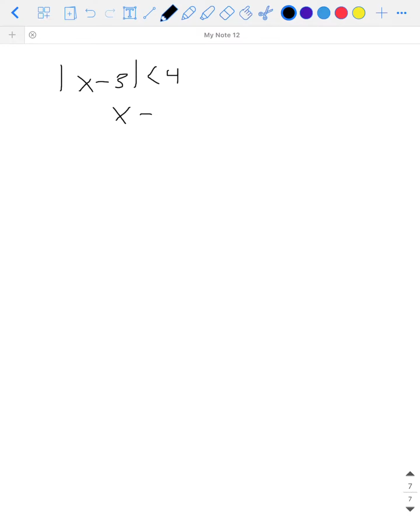We have the original first, but then we have the other side as well. Notice that by applying both sides, it allows you to get rid of the absolute value. From here, we're going to add 3 to both sides. Cancels out. X is less than 7.